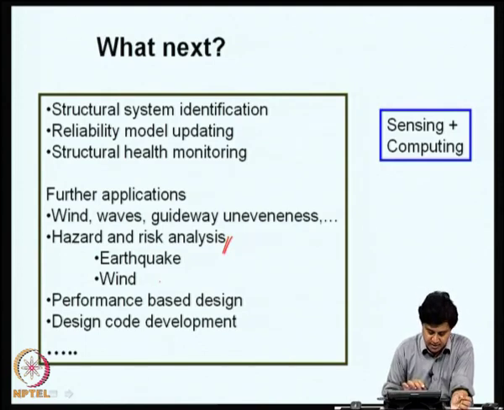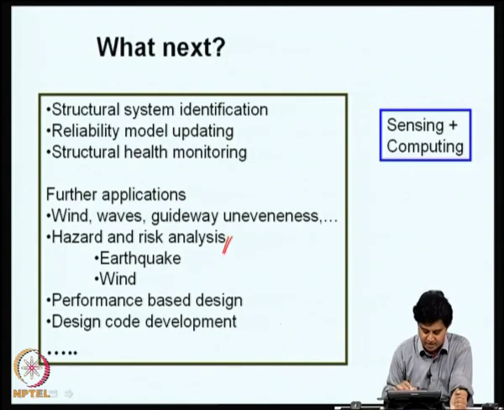We have also not discussed issues related to design. Design is an important engineering activity, and the treatment of uncertainties here is again based on probabilistic methods, and there are areas known as performance based design where these tools are primarily important. The traditional structural design code development also needs probabilistic background in calibrating the various partial safety factors.